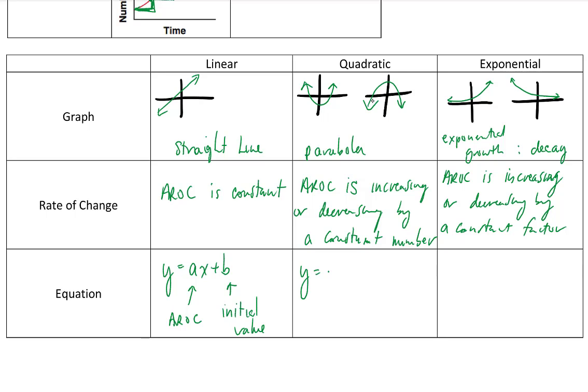For a quadratic, we have y equals ax squared plus bx plus c, where c is your initial value. And finally, for exponential, we get y equals a b to the exponent x, where a is your initial value, and b is what we call our growth or decay factor.